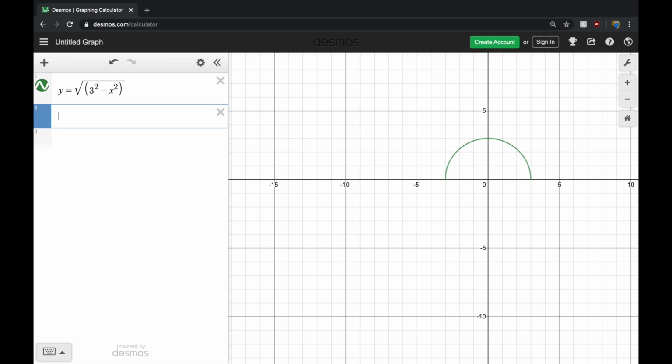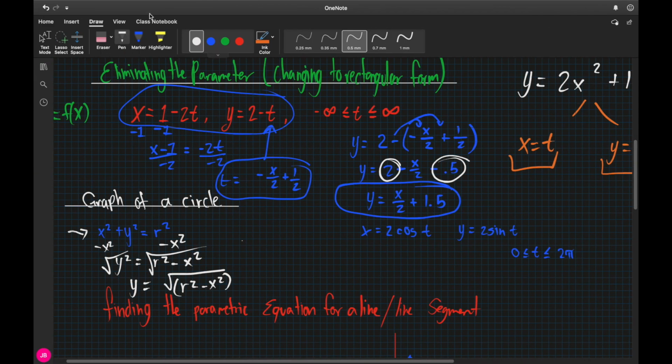So the parametric equations allow us to sort of bypass the vertical line test. By giving us the equation of this circle right here, x is equal to 2 times the cosine of t, and y is equal to 2 times the sine of t, with the parameter interval of 0 to 2 pi if we're in radians, of course.